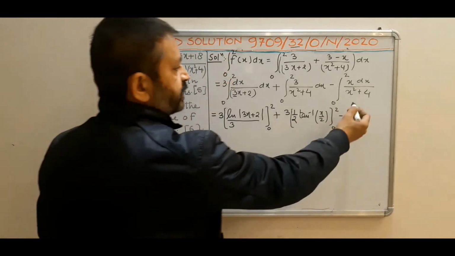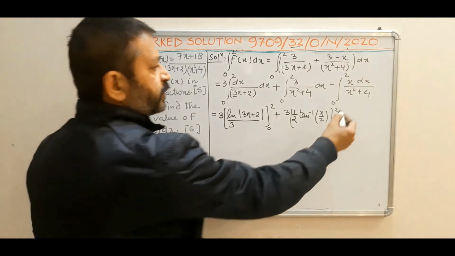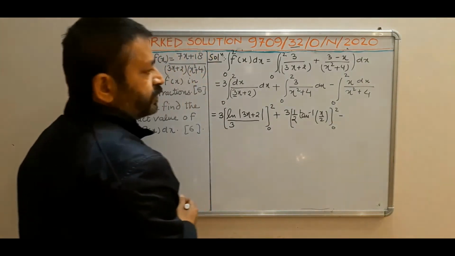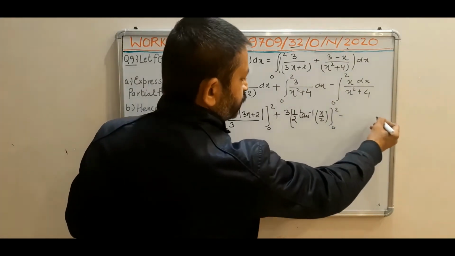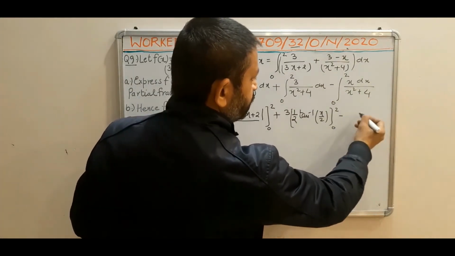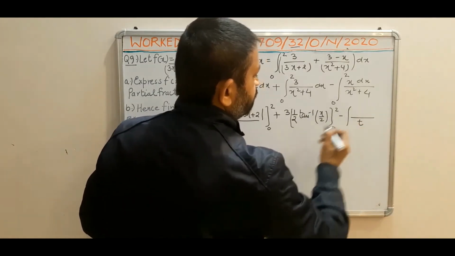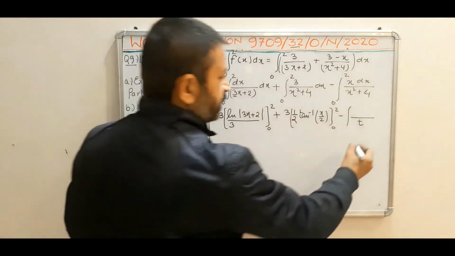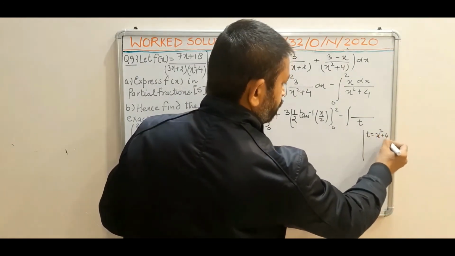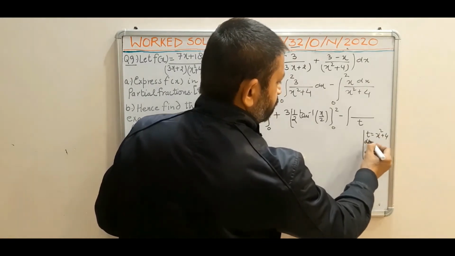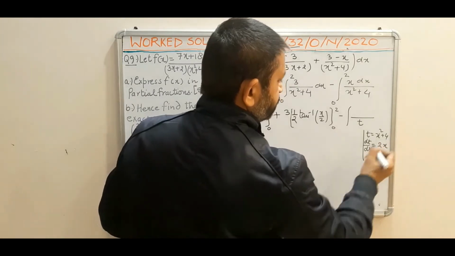Minus, for this integration, you can use substitution here. So put x² + 4 equals t. I'm just showing you all the steps. So dt by dx equals 2x, right?